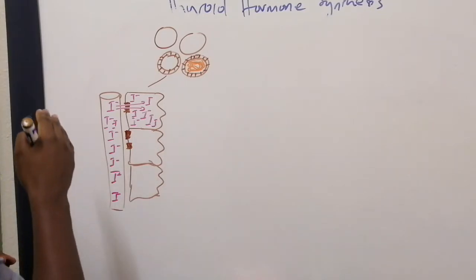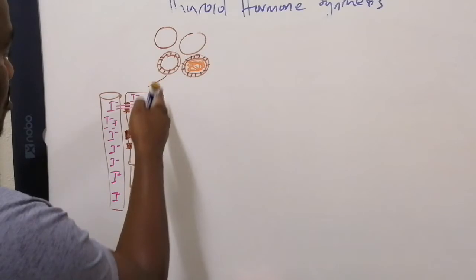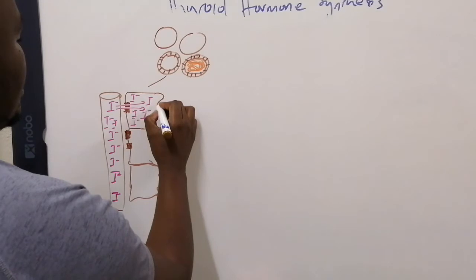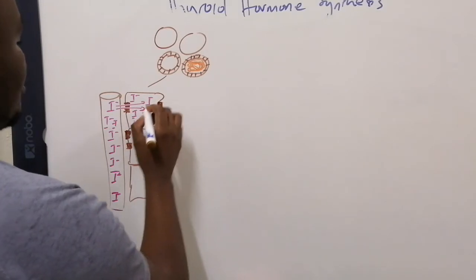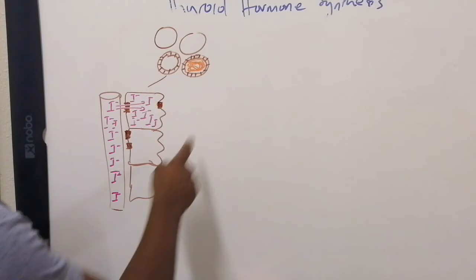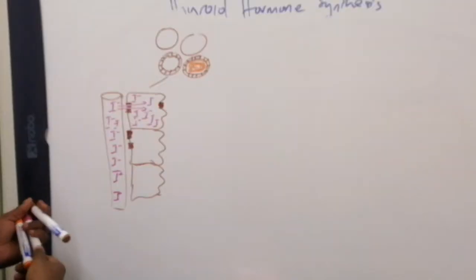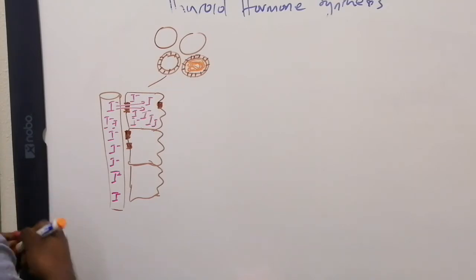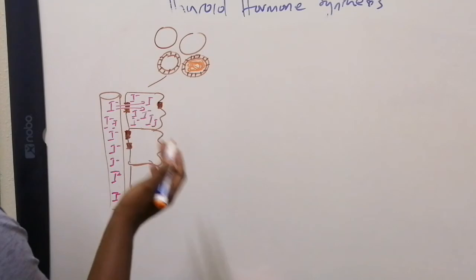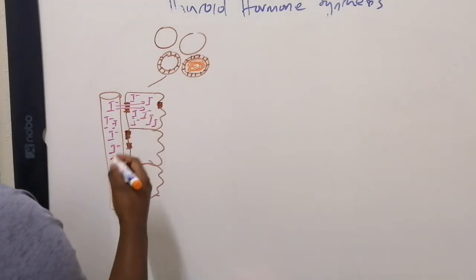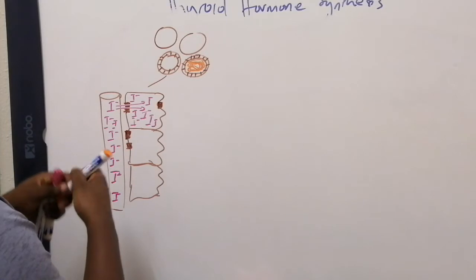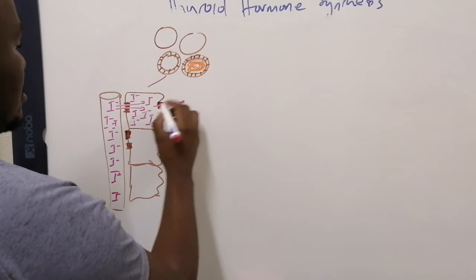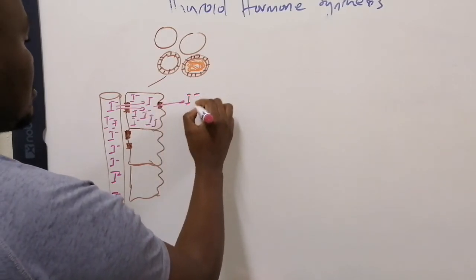Also in getting the iodide across to the apical membrane, TSH plays a huge role as well. For the iodide to be able to exit out into the colloid, we are helped by another transmembrane transporter, called chloride iodide transporter.